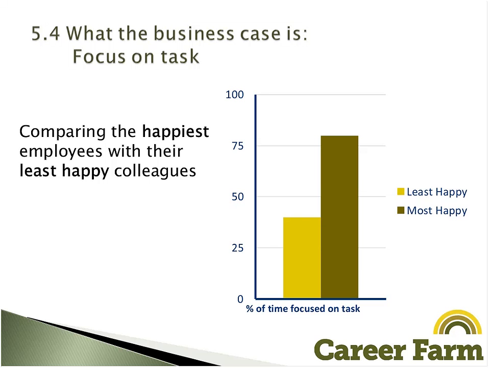3 years ago, people who were unhappiest at work were focusing on task 51% of the time. That's an extra half day a week. 50% of the time is 2.5 days a week. It's gone down to 40. And in fact, it's gone down for everybody except the people who are happiest at work. So it seems that whatever you chuck at people who are really happy at work, they deal with it and they stay there.